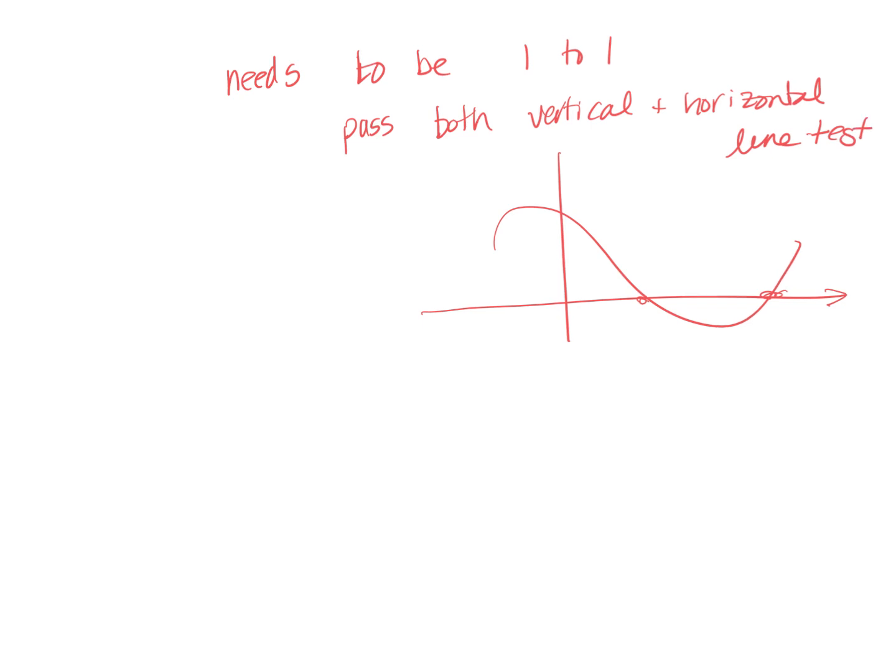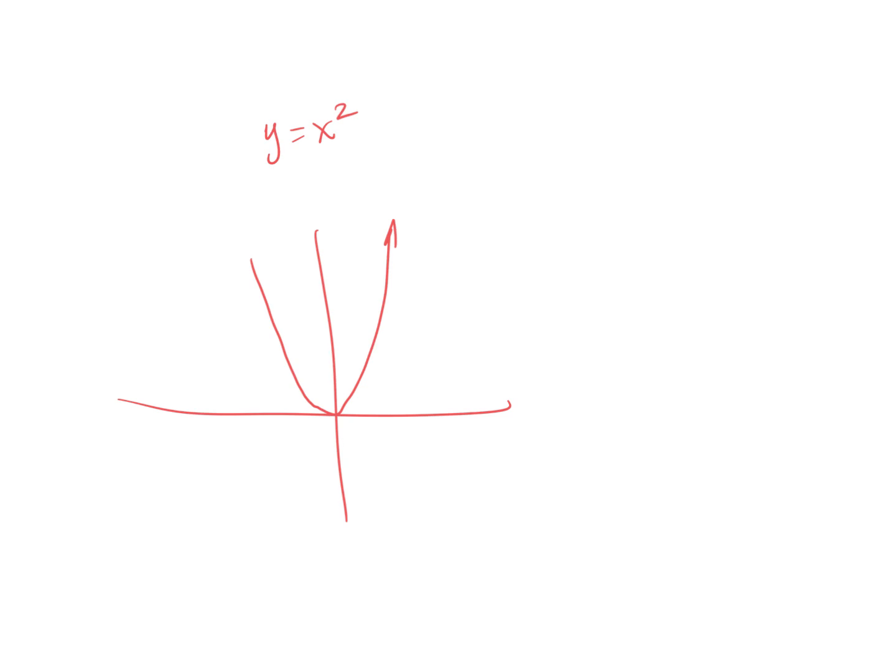So for example, we know that y equals x squared looks like this. If I want to talk about its inverse, I'll have to limit its domain and only look at maybe x greater than 0.